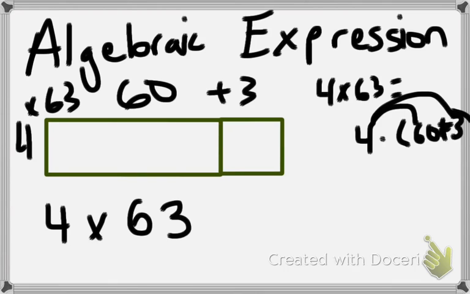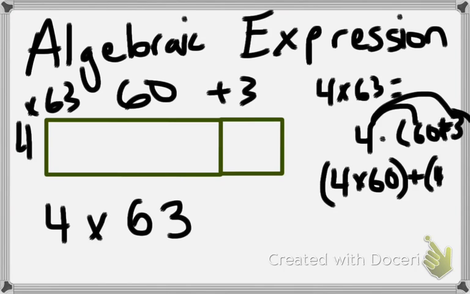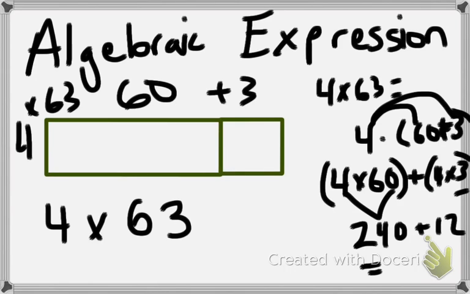So I have 4 times 60 plus 4 times 3. I know that 4 times 60 is 240. Hopefully you know that by now. 4 times 3 is 12. Gives me an answer of 252.